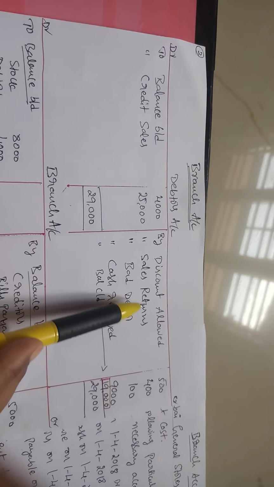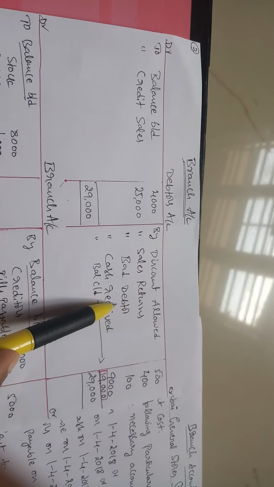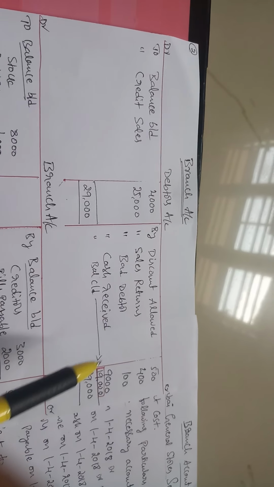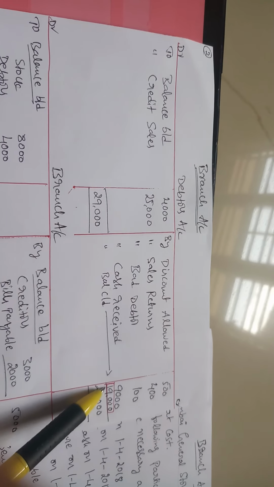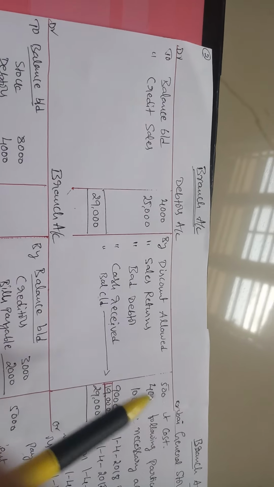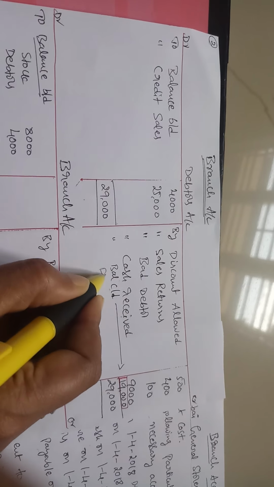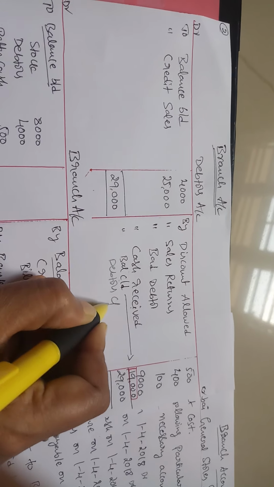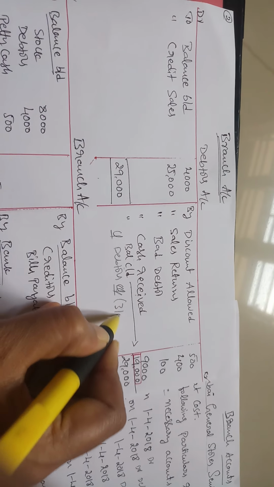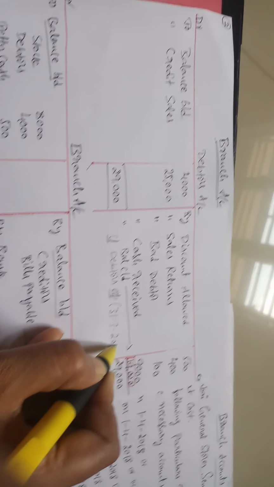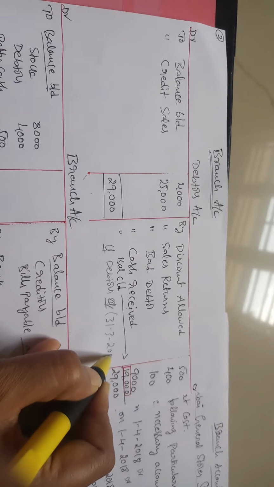So these are the discount allowed, sales returns and bad debts and cash received. So total, and then we got the 19,000 is the balance carried on. This balance carried on means closing debtors. Closing debtor means 31st March 2019.